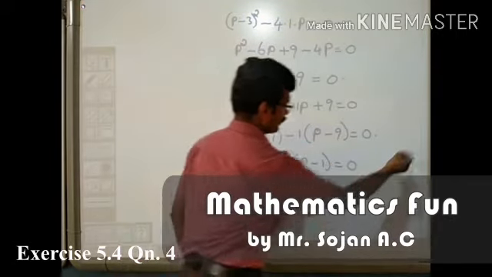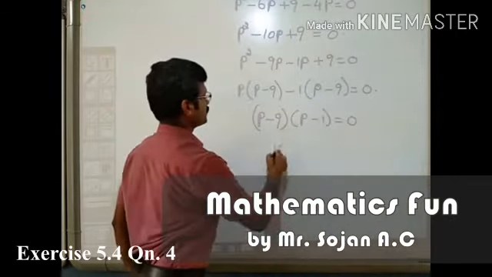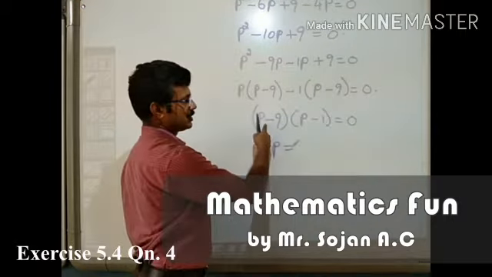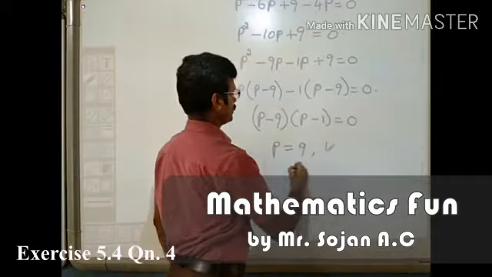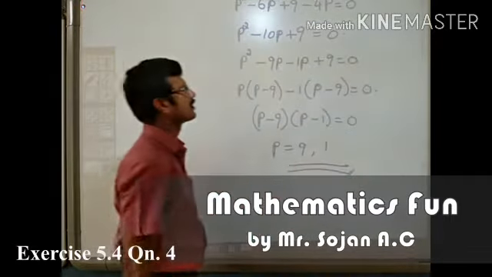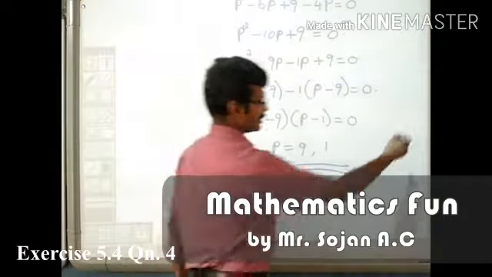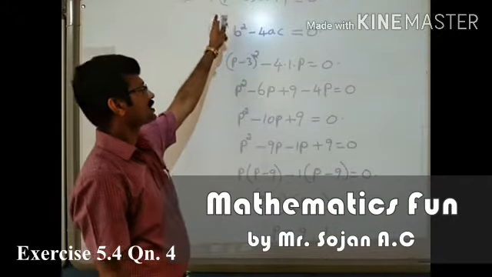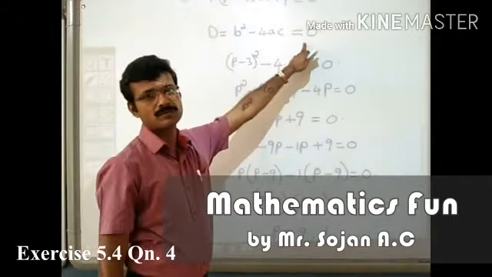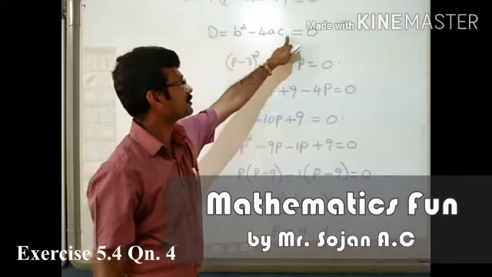From this we will get the values of p by the zero product rule. By the zero product rule, p is equal to 9, 1. These are the values of p. So the question was, a quadratic is given and the condition is that it has real and equal roots. So b square minus 4ac is equal to 0.